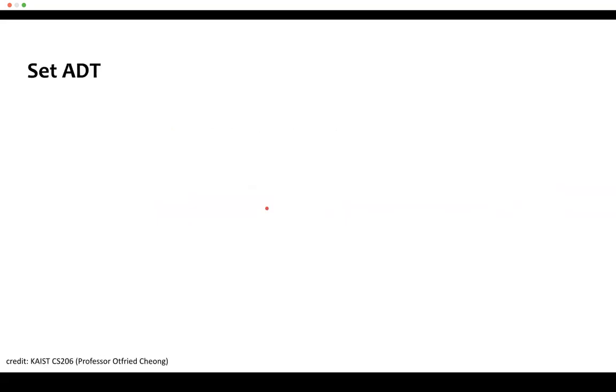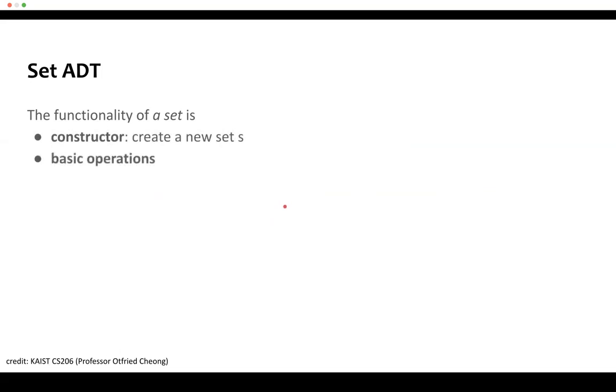And we need to talk about the set ADT, abstract data type. The functionality of a set is, firstly, of course, a constructor. We need to be able to create a new set S. And there are some basic operations. So we need to know the length, or the number of items inside a specific set.